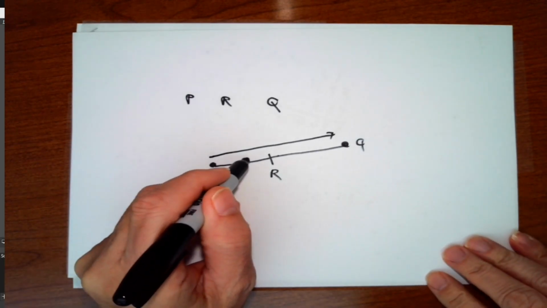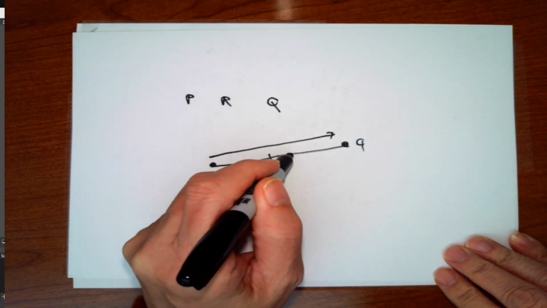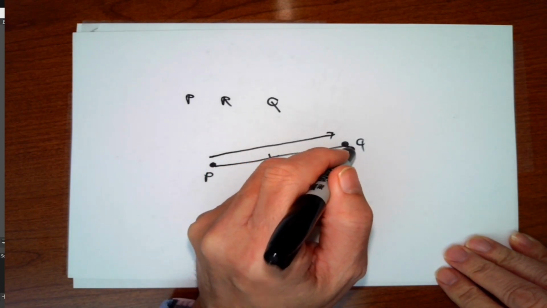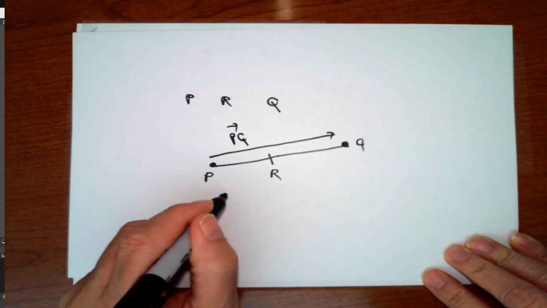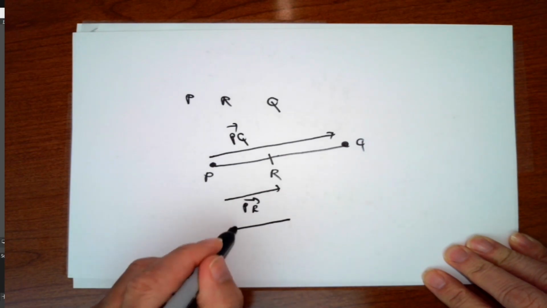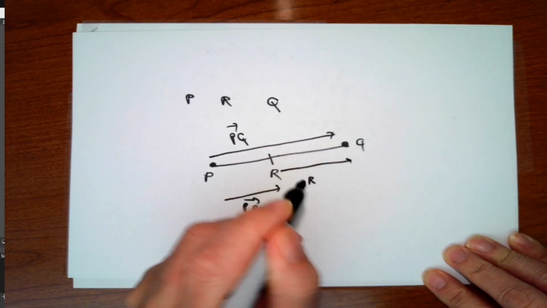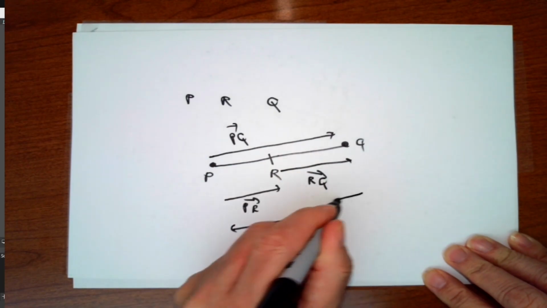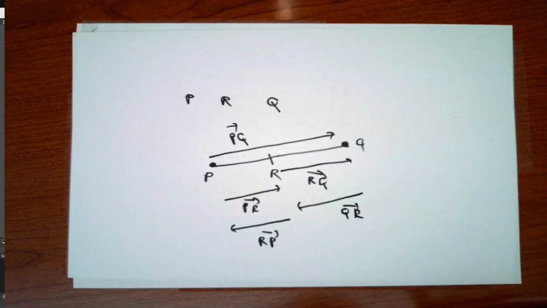Starting at P and traveling towards Q, I eventually hit R, and then continuing without changing my direction, I eventually reach Q. If that's the case, then the vector from P to Q, the vector from P to R, the vector from R to P, the vector from R to Q, or even the vector from Q to R, all lie along parallel straight lines.